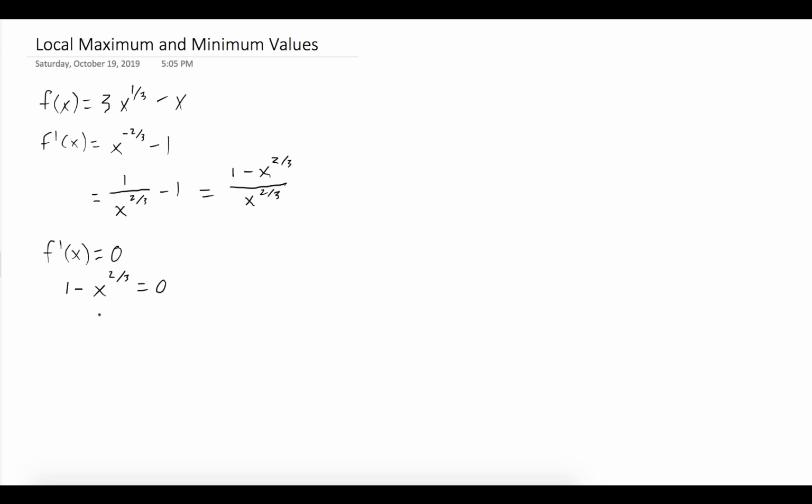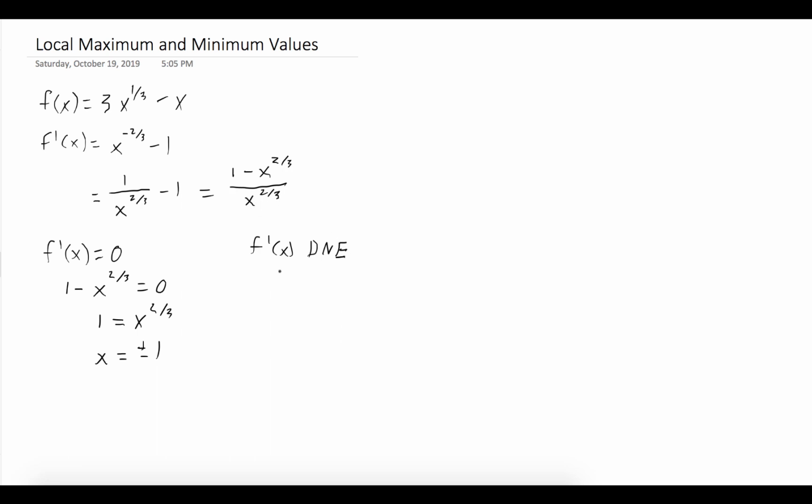And so this is the same as 1 is equal to x to the 2/3. We could raise each side to the 3/2 power. And we get that x is equal to 1 or negative 1.